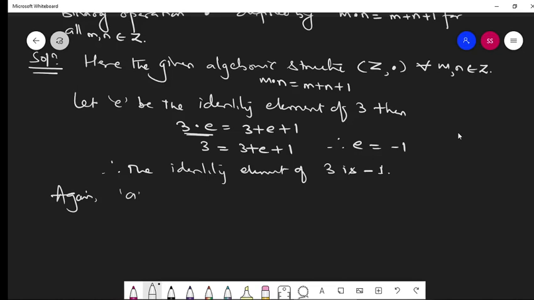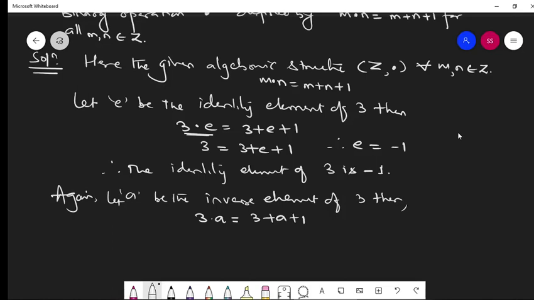Now again we have to deal with the inverse. Let a be the inverse element of 3. Then 3 dot a equals 3 plus a plus 1.